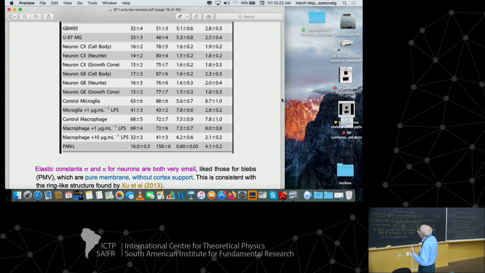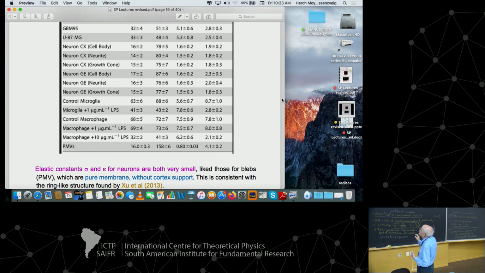And you notice that although the surface tension practically doesn't change, the bending modulus decreases by a factor of 4. And that's consistent with the fact that that makes it much easier to engulf what the cell wants to remove. Okay? So this is a direct relationship between the elastic constants and the cell function.